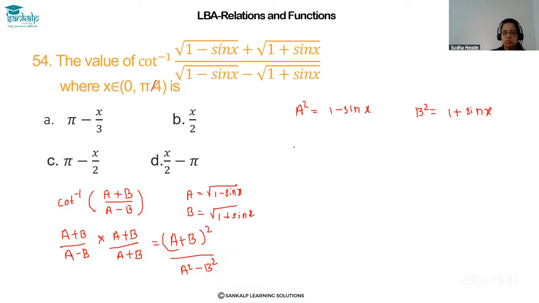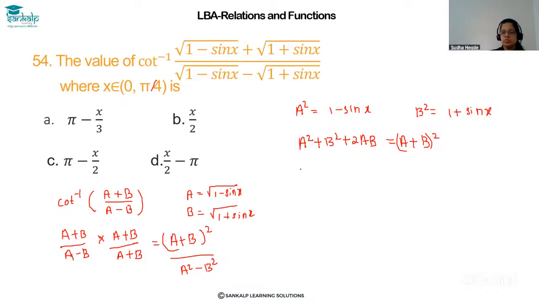Now A plus B whole square is A square plus B square plus 2AB. You need to find A plus B whole square.